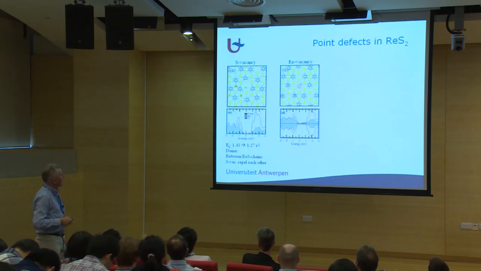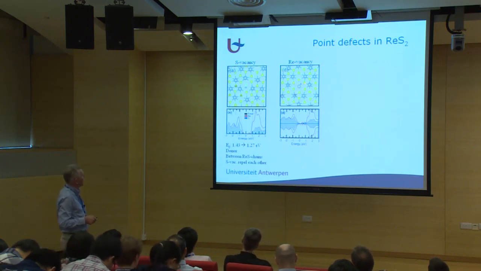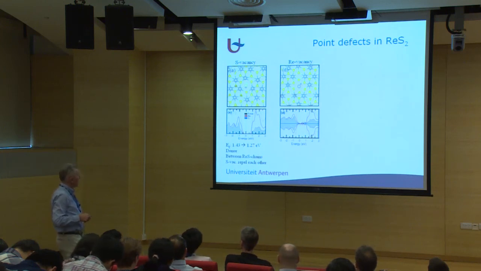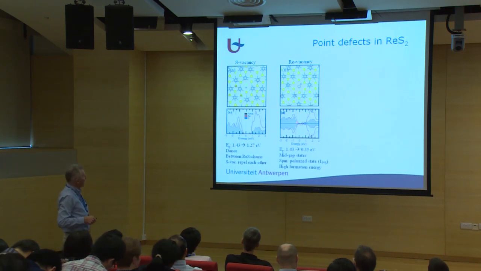The rhenium vacancy, also here you have 4 different rhenium atoms in a unit cell. This one has the lowest formation energy. And different from the sulfur vacancy, here this one will be spin polarized. So this is spin up and the bottom is spin down. Now the band gap decreases from 0.43 eV to 0.35 eV.